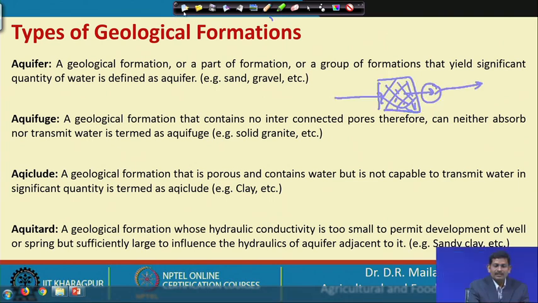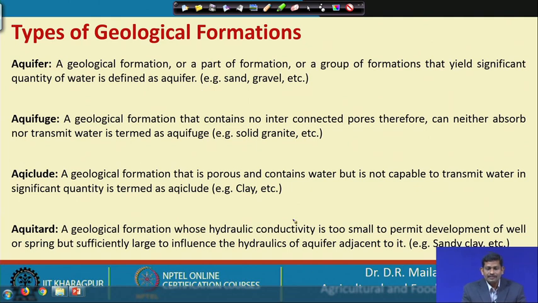Generally, soils like sands or gravel have a definite pore structure, so that will be a good aquifer. If you observe the drillers who drill tube wells, they keep digging and every time they check the material coming out from the hole.